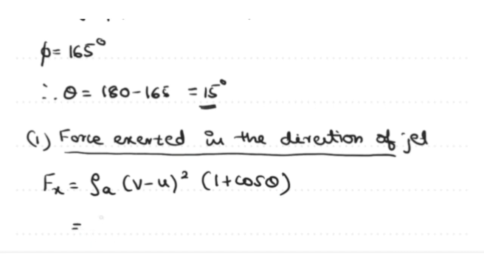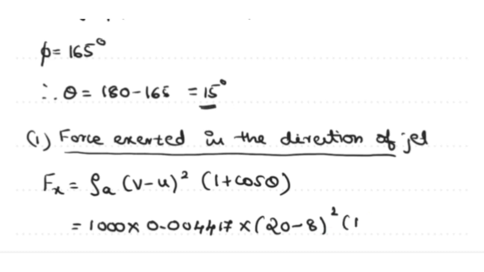If you substitute the values: 1000 into area 0.004417 into (v is 20, u is 8) whole square into (1 plus cos of 15 degrees).